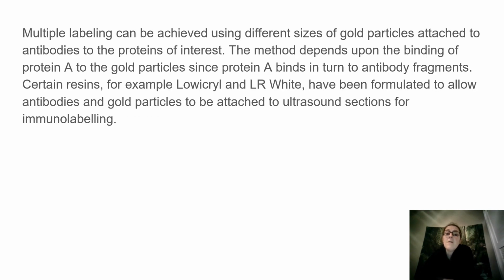Multiple labeling can be achieved using different sizes of gold particles attached to antibodies to the proteins of interest. The method depends upon the binding of protein A to the gold particles, since protein A binds in turn to antibody fragments. Certain resins, for example, low-acryl and LR White, have been formulated to allow antibodies and gold particles to be attached to ultrathin sections for immunolabeling.